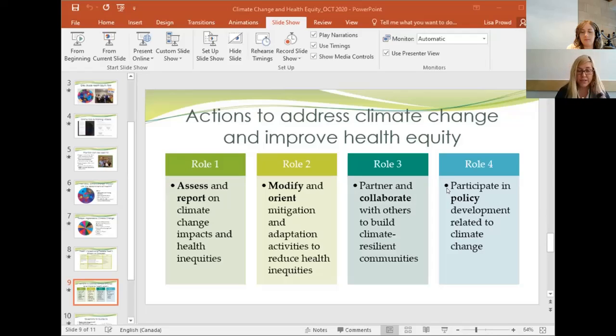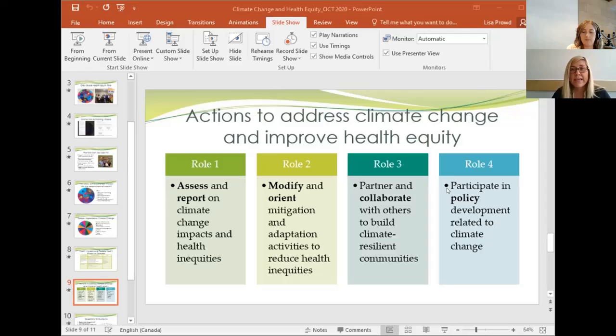There's a really great tool that was developed by the Ministry of Health and Long-Term Care called the Health Equity Impact Assessment. It has been around for some time now, but we continue to use it as it is a tool to help planners and decision makers when developing policies, programs, or initiatives.